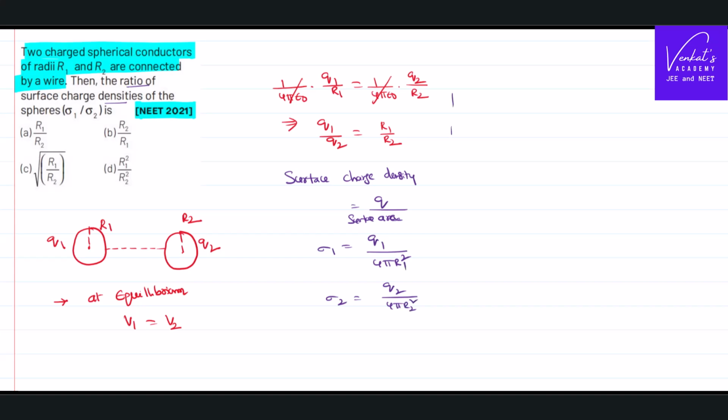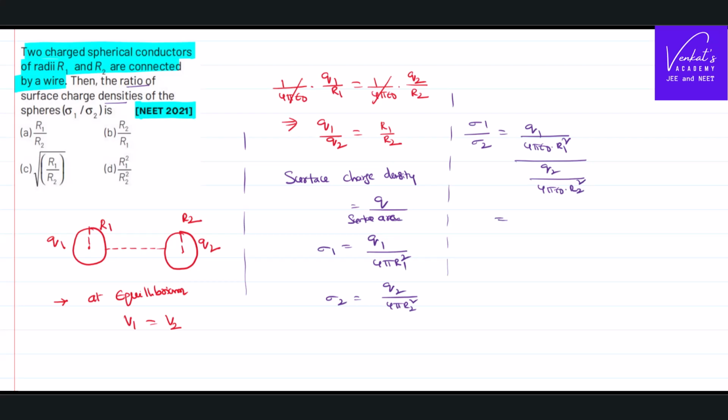So, if you want the ratio of these surface charge densities, then I shall write sigma 1 by sigma 2. How much is that? That is Q1 by 4 pi epsilon naught R1 square divided by Q2 by 4 pi epsilon naught R2 square.